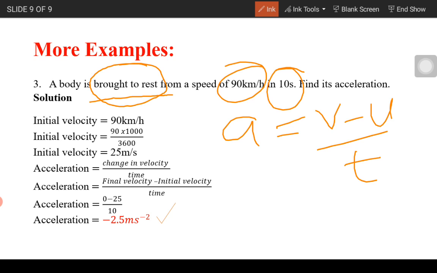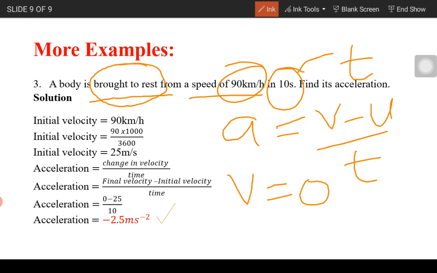It is brought to rest, meaning that the final velocity is now 0. The initial velocity is 90 kilometers per hour. Then the time is 10 seconds. You must not rush.